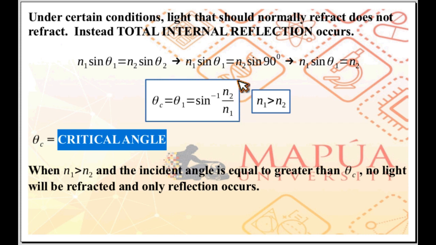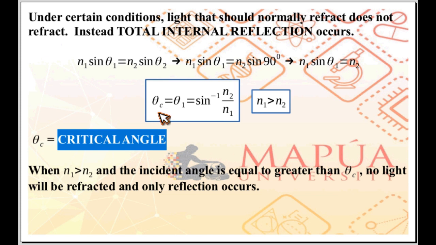Try out n2 greater than n1, meaning n2 divided by n1 is greater than 1. Try to get the inverse sine of a quantity greater than 1. You'll get an error in your calculator, meaning no value for the angle theta c.